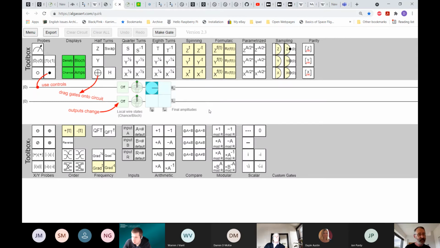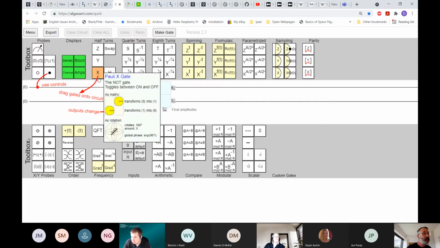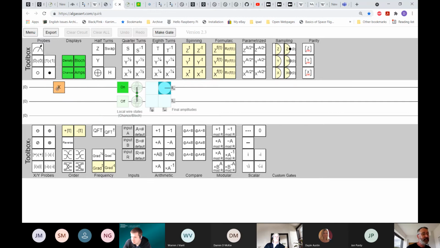If you very quickly would have seen, up corresponded to 0 and down to 1. If we put a NOT gate in there, we can flip it downwards. So suddenly we flipped the value of that from 0 to 1, just as we would in a normal circuit.